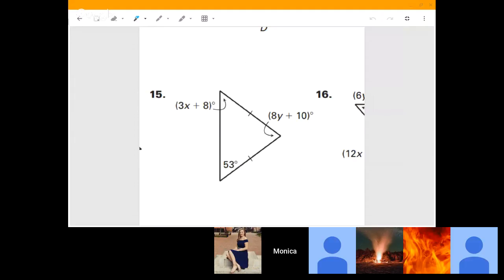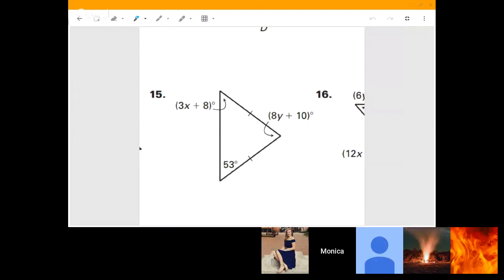Okay. So if we look at number 15, we're supposed to find the value of x and the value of y. So when we look at these two, what can we conclude about this angle and this angle, since we have these marks here?